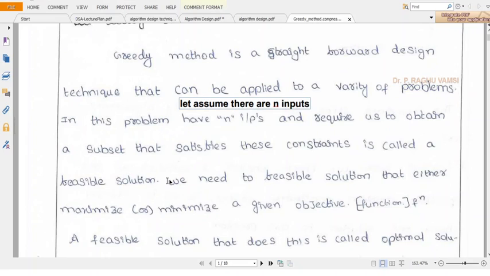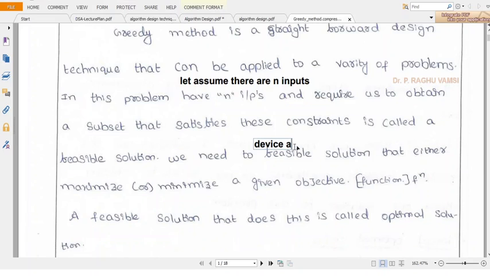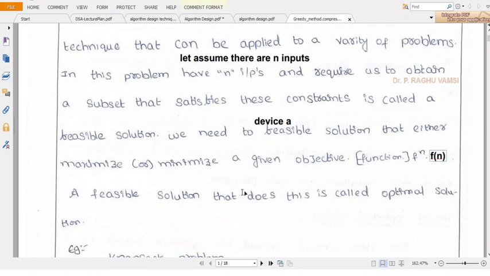We need to devise a feasible solution that either maximizes or minimizes a given objective function f of n. A feasible solution that does this is called an optimal solution.